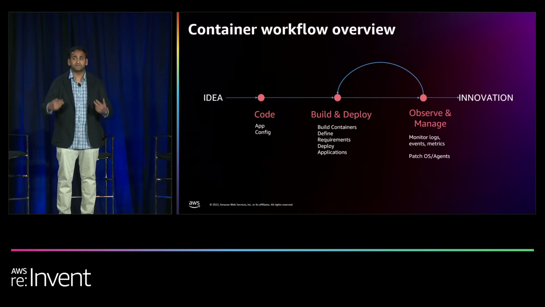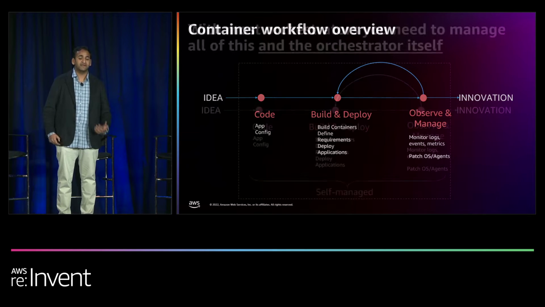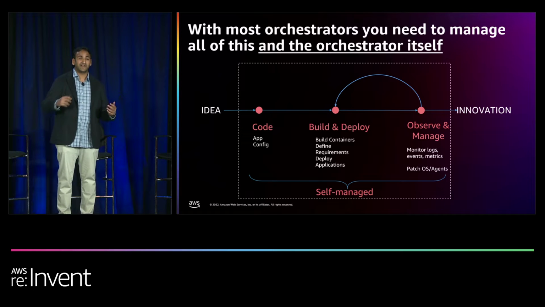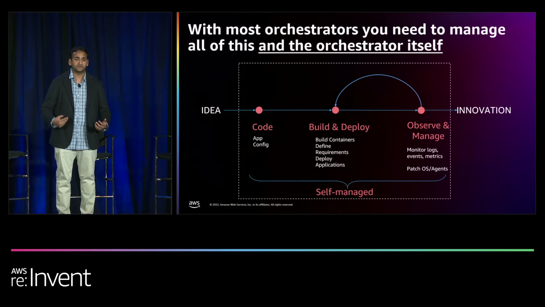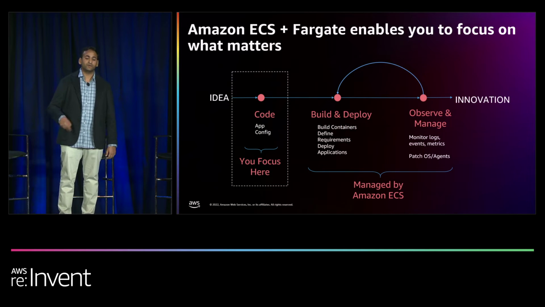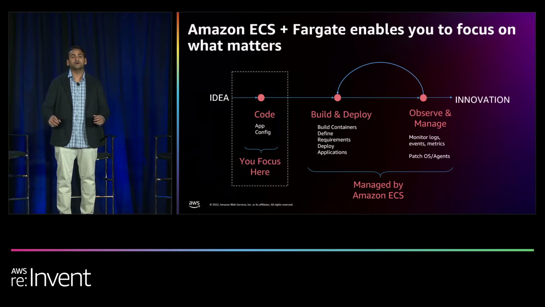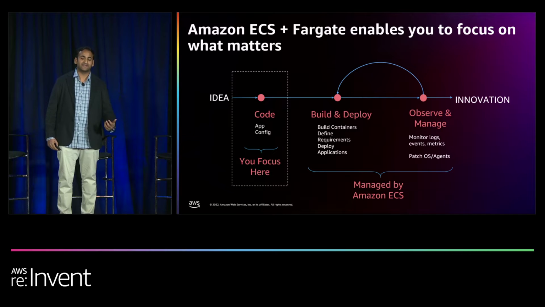You need to observe, make continuous improvements. Now, if you use any other container orchestration solution, you not only have to manage all of this, you also have to manage the orchestrator itself because it's not a fully managed solution. However, when you're using Amazon ECS and Fargate, you can focus purely on your application, which is your code, and unlock innovation that way.